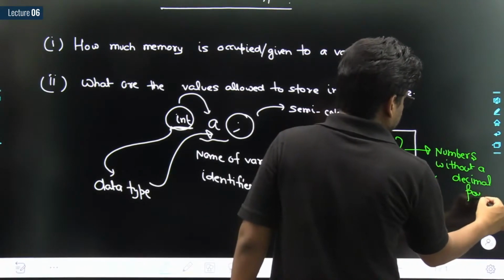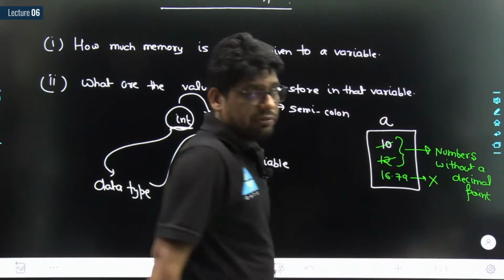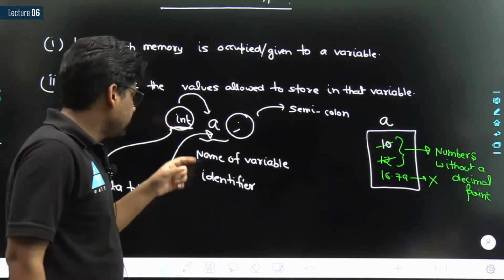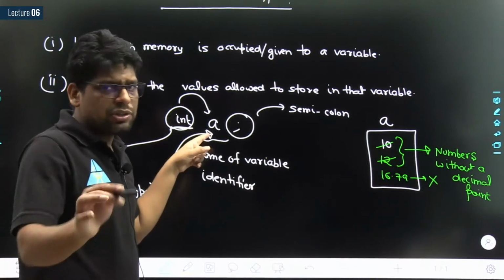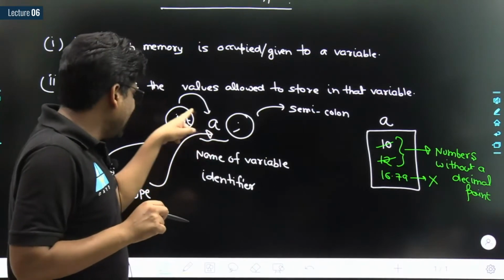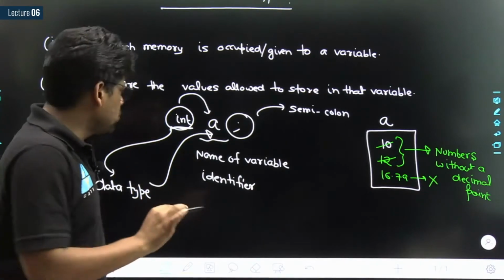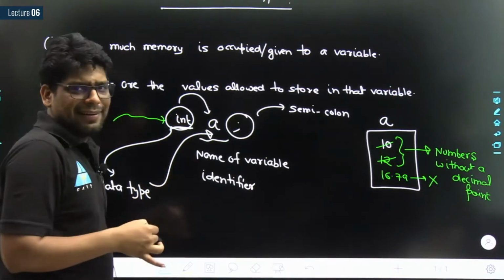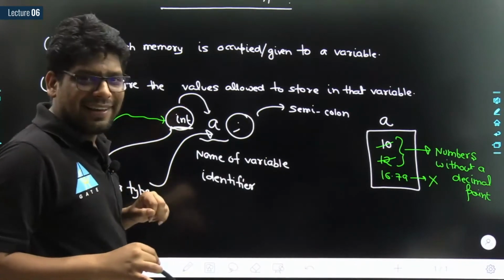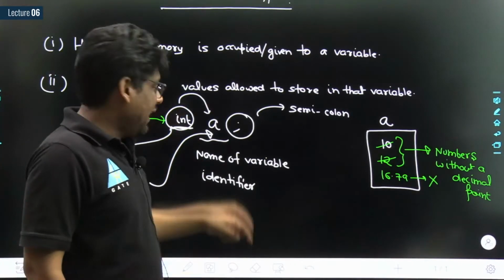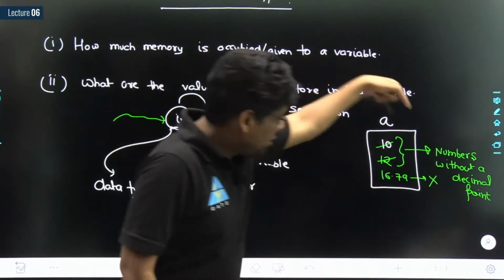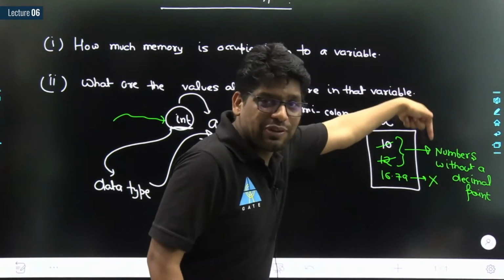Okay, sir. Two things we need to tell the compiler. This is the variable name that is called an identifier. We have attached int. Sir, the compiler knows about int. Yes. The compiler recognizes this int and gets to know, oh, okay, a can hold only numbers without a decimal point.